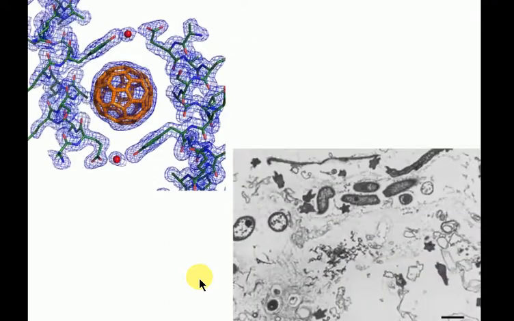Here are other examples of where proteins can be used to give some pretty amazing phenotypes. On the left, in the middle, this is an electron density map, and you can see a buckyball, one of those amazing self-contained spheres of carbon that are completely artificial.